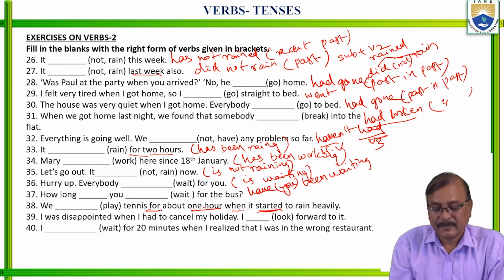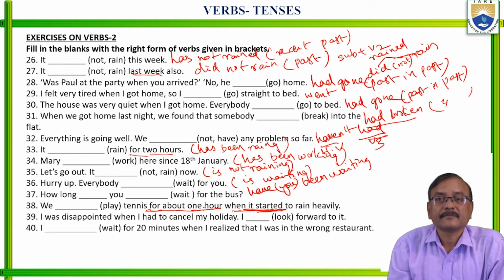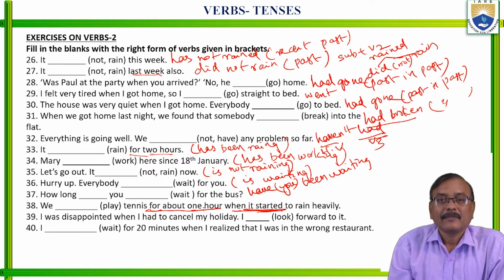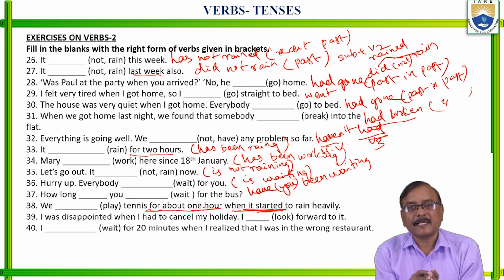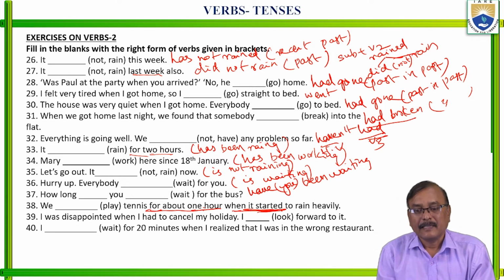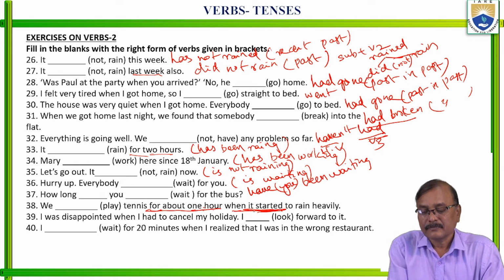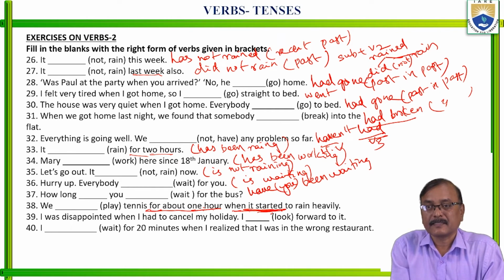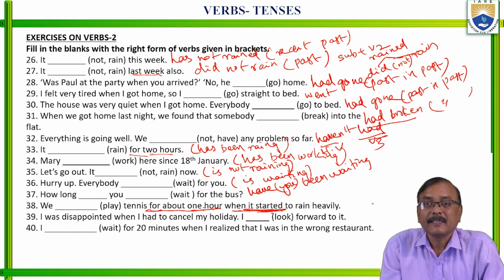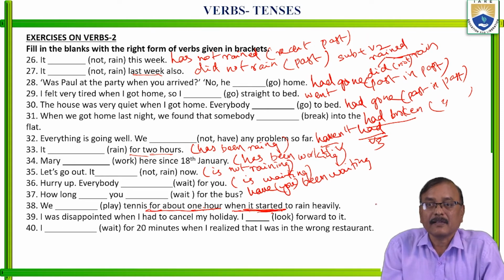You have to remember that. Already I told you. Just for plus time or since plus time, present perfect continuous tense. But here for plus time plus past by past. So it is past perfect continuous tense.